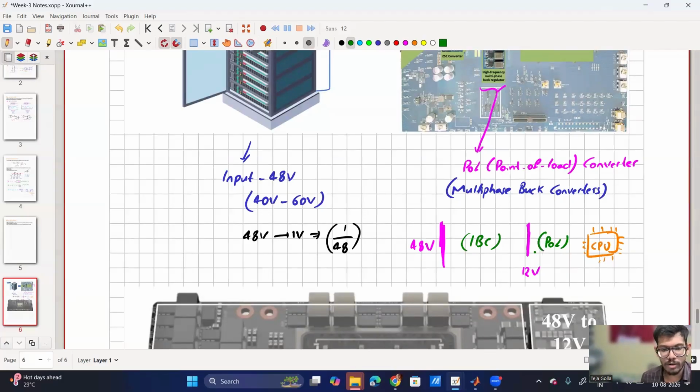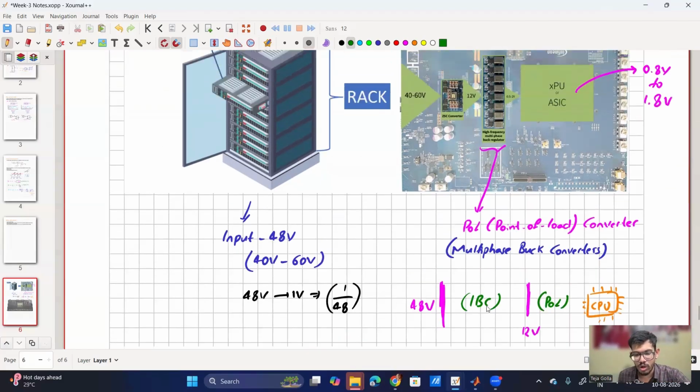So what is the requirement or specification of the IBC? The IBC's main objective is to step down 48 volt to 12 volt. It is unregulated, so the 12 volt can also vary from around 6 volt to 16 volt. The IBC has to be very power dense. Why are we stepping down to 12 volt?